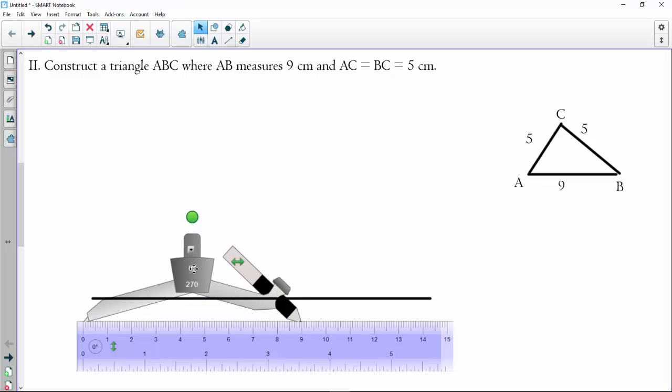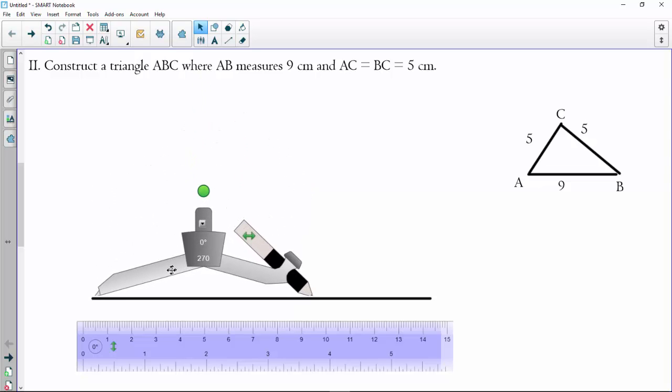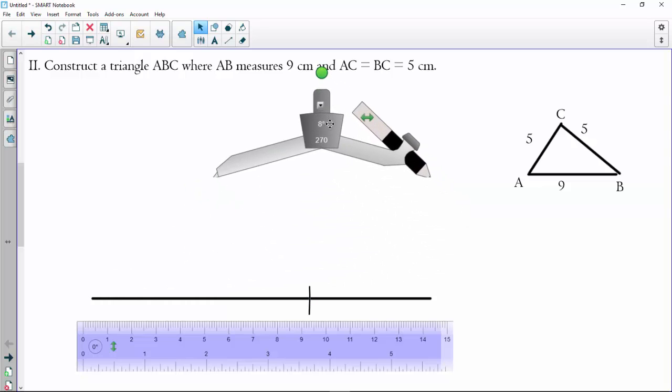Wonderful. So we draw our baseline. So we position the point of the compass at the start of the line, and we draw a small arc simply to mark off the baseline of the triangle. Now, our triangle, the baseline will be from the start of the line to where the arc has been drawn.